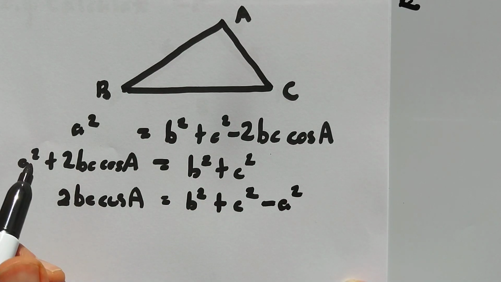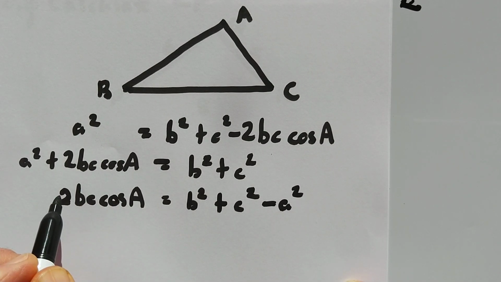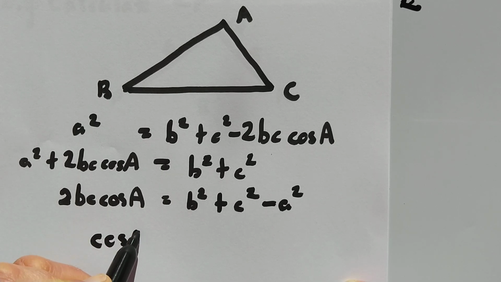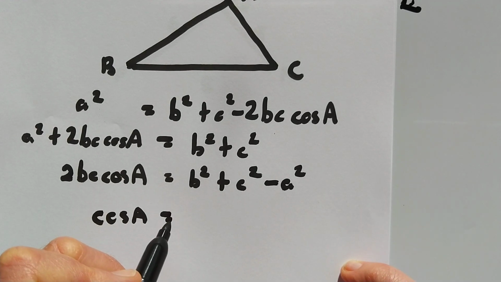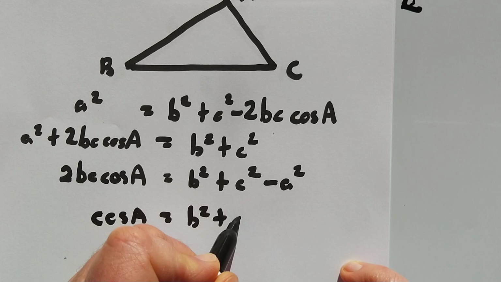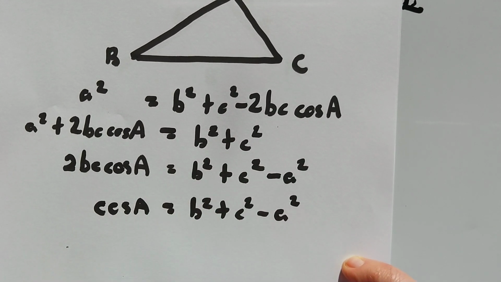And then finally, to get rid of my 2bc, which is multiplying my cos A, as a coefficient, I divide. So cos A is there, my right hand side, b squared plus c squared minus a squared, divided by 2bc.